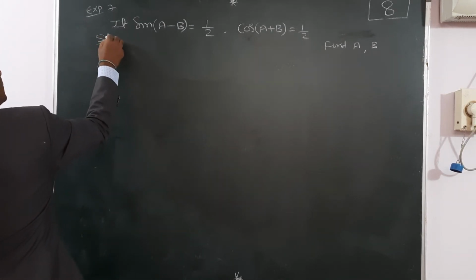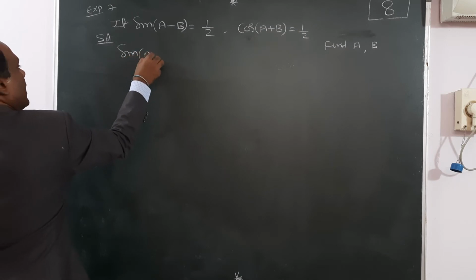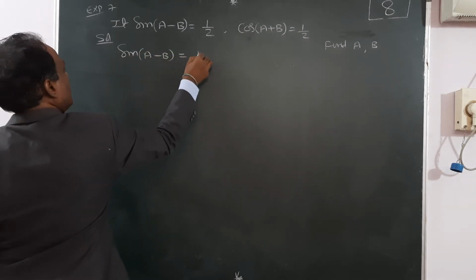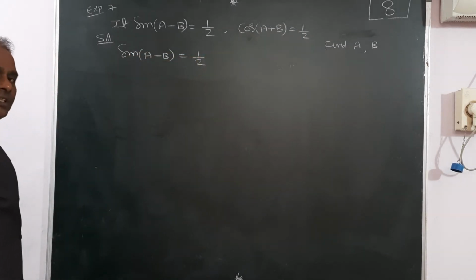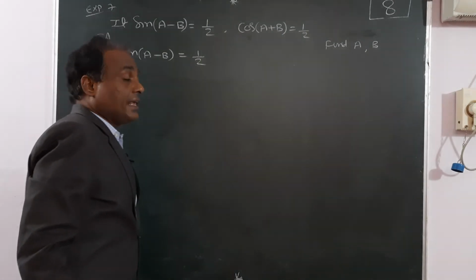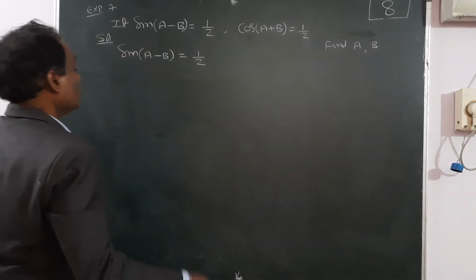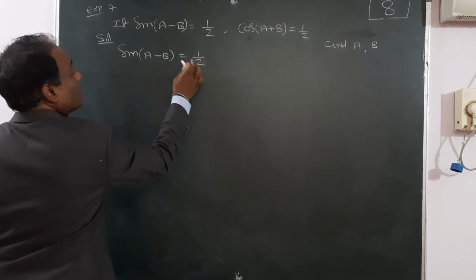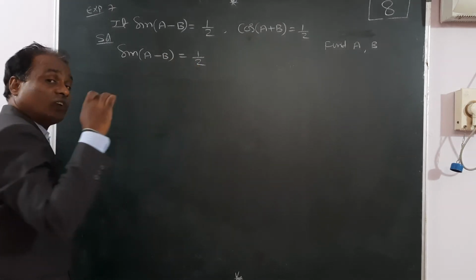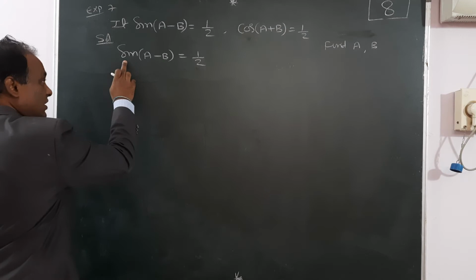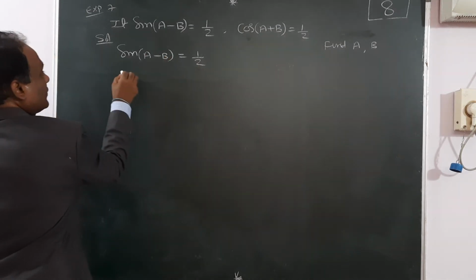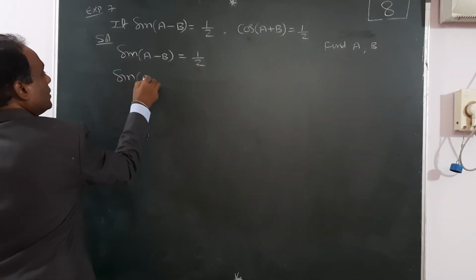Solution. Sin(A minus B) is equal to 1 by 2. This is given. So when sin will become 1 by 2, 1 by 2 is which angle of sin? On the left side it is sin, so let us write the right side also in terms of sin.